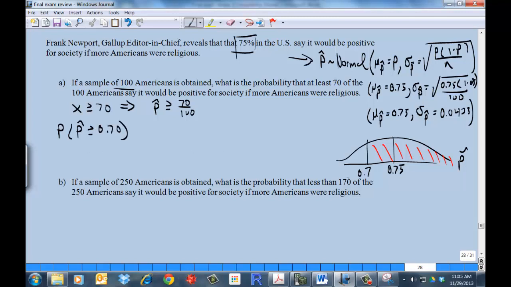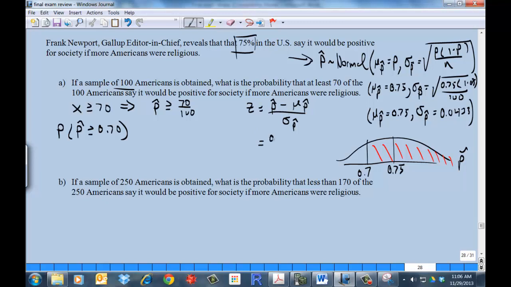Now we have to convert our boundary point. So let's convert p hat into z: z equals p hat minus p over sigma p hat.